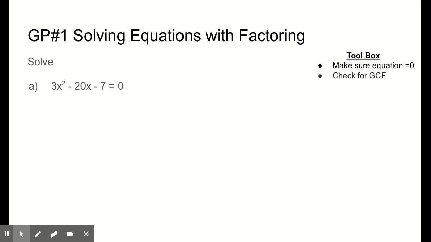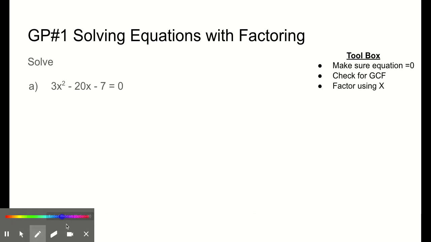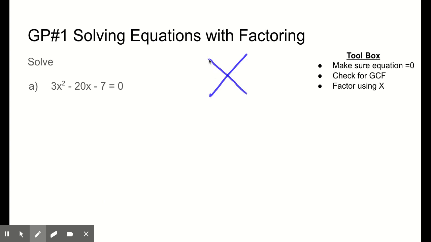From there, we need to check to see if we can factor out a GCF. So our coefficients here are 3, 20, and 7. They have no common factors, so we don't have to worry about that for this problem. From there, we're going to go ahead and factor using the x. So for the x, I multiply a times c. That's going to give us -21.